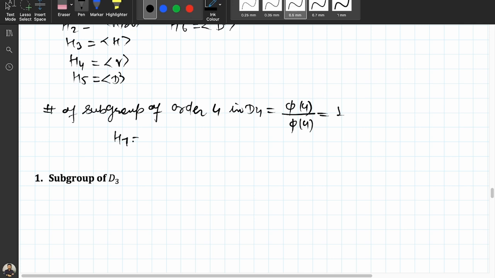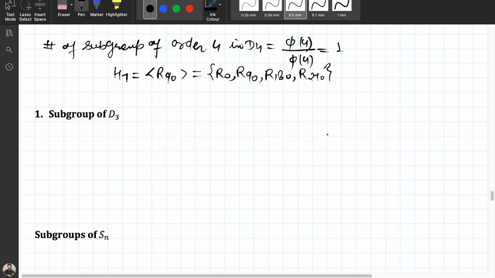That is R0, R90, R180, and R270, the subgroup of order 4. Okay, so this is it.